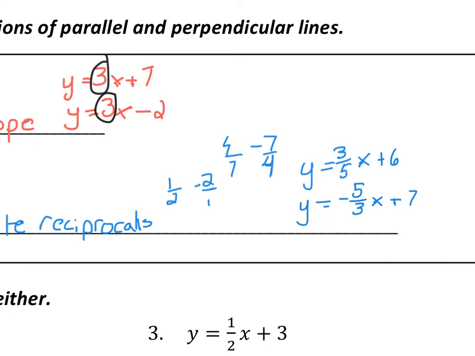Because if you take a look at the slopes, one is 3 over 5, the other is, if you flip it, 5 over 3, but has a negative, so negative 5 over 3. Those would be an example of perpendicular lines.